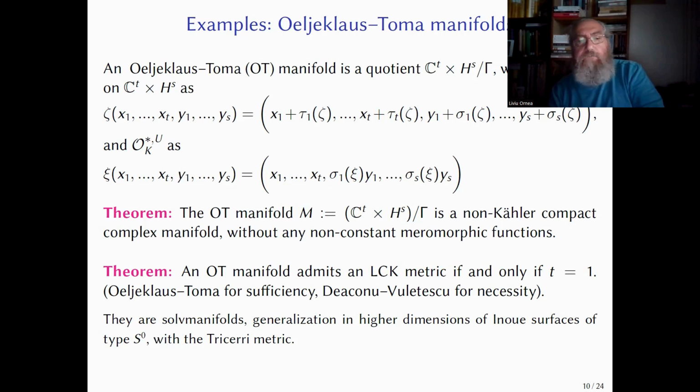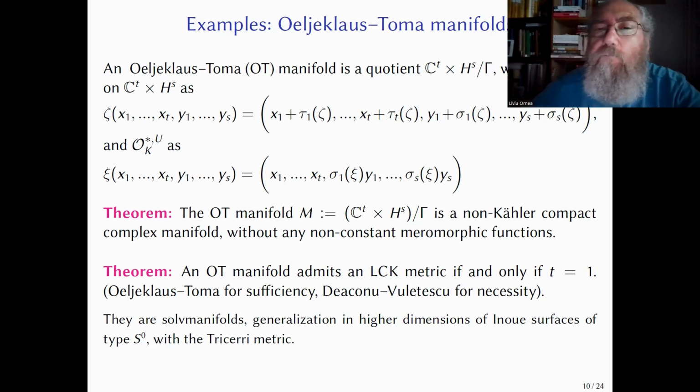Then Dubickas and Vuletescu showed that it's only when T equals 1. So now it's clear that they have an LCK metric if and only if T equals 1. It is not quite a geometrical proof, it's a number theoretical proof.